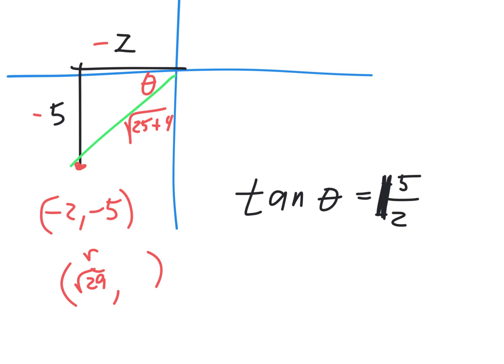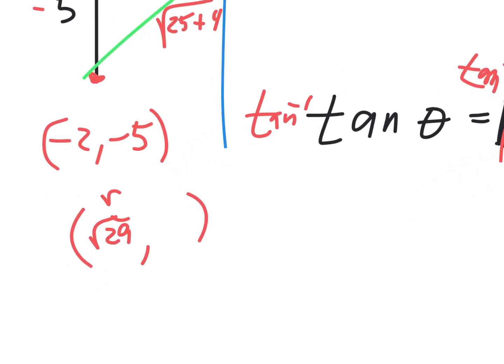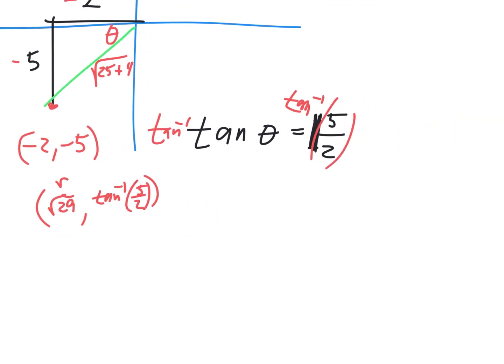No, but I can solve it with inverse tan. So I go inverse tan on this side and inverse tan on that side. So, this is inverse tan of 5 over 2. That's how you do it when you don't know the angle.